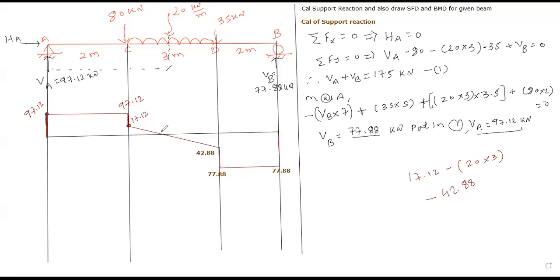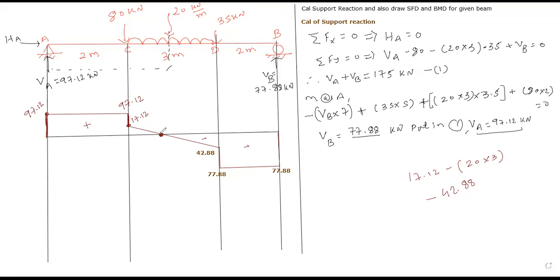Fine. Before plotting bending moment diagram, can anyone tell me what is the name of this point where shear force diagram changes the sign? I know regular students don't know, but I hope D2D students must know the name of this point. Yes, X is okay, but what is the specific name?